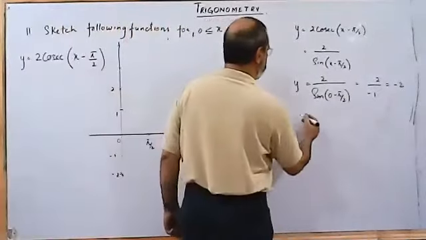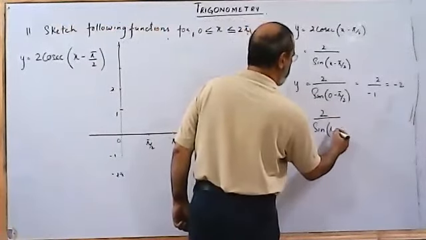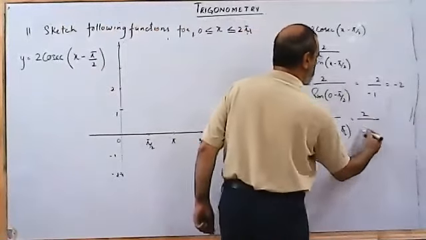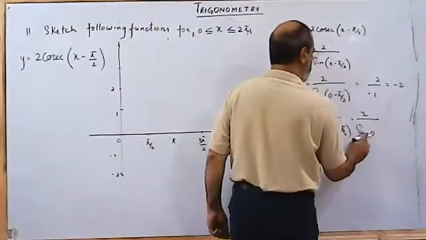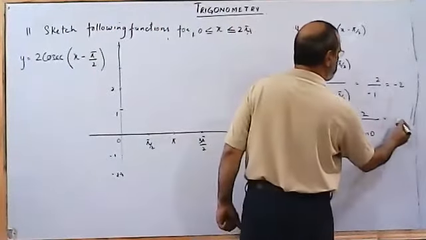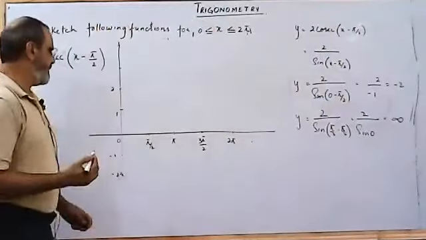If I replace x by pi by 2, I get sine 0. Sine of 0 is 0, that is undefined.